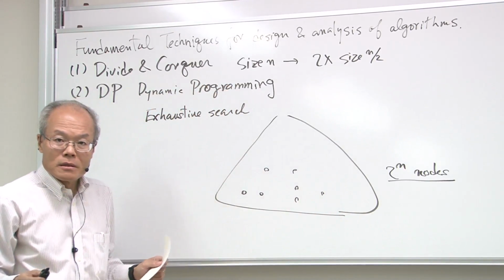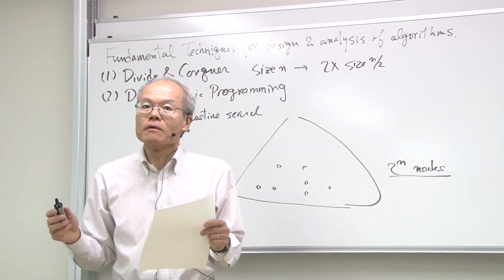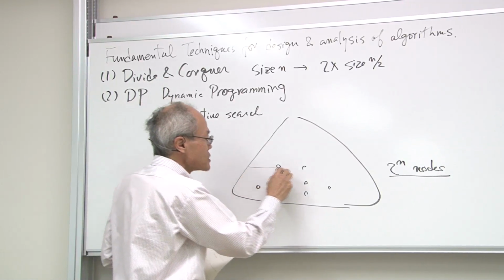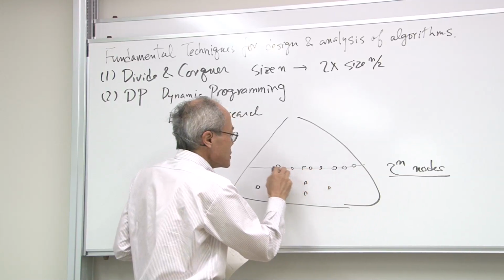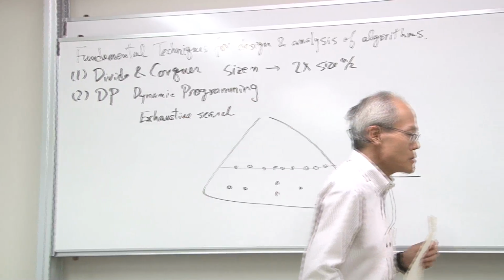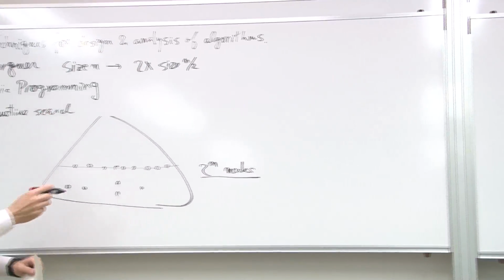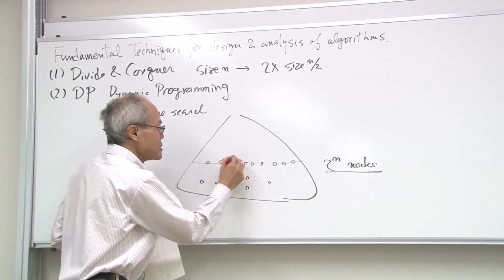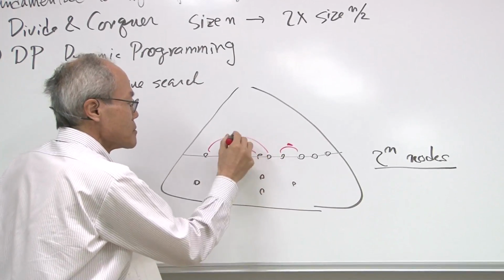But if you take a careful look, for example at this level, there are a lot of nodes, but you notice that there are many nodes of the same value. This node and this node are the same, and this node and this node are the same.